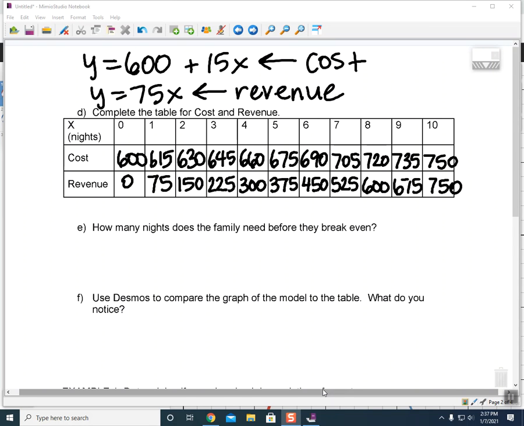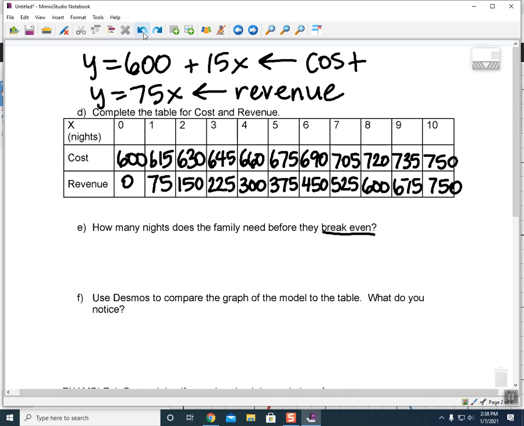In that scenario, part E is telling us, how many nights does a family need before they break even? So first of all, what does it mean to break even? Well, if we're going to break even, essentially we come out to 0, right? We're not making money, but we're also not losing money.